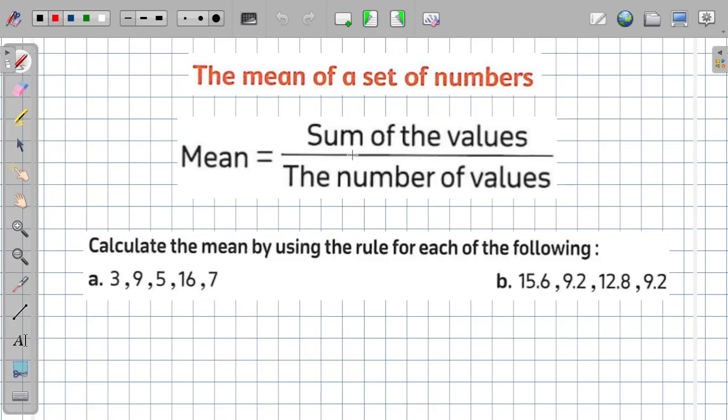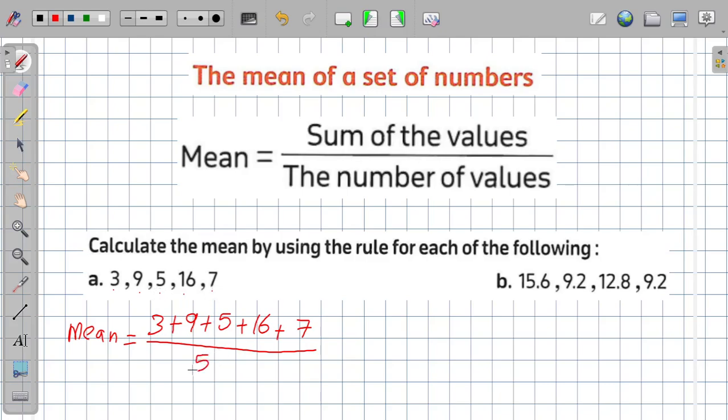So, I will substitute in this rule. I have the sum over the number of values. So the mean in the first one, I have 3, 9, 5, 16, and 7. So I will say 3 plus 9 plus 5 plus 16 plus 7, and all of these divided by the number of these values, 1, 2, 3, 4, 5.